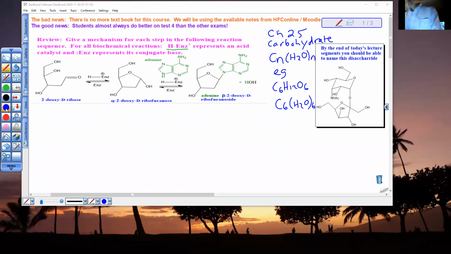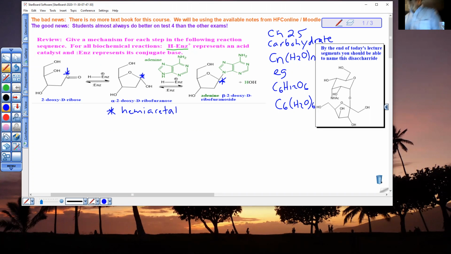Hemiacetal, how do I know it's a hemiacetal? Hemiacetal has a special carbon right here. And that's the same carbon here. And that used to be this carbon over here.